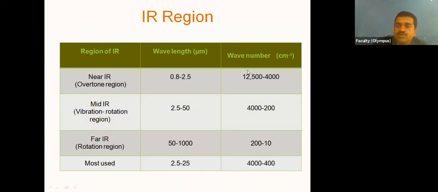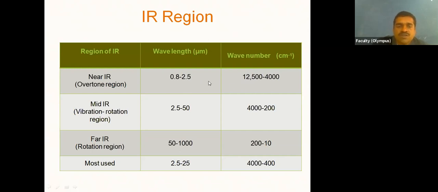In infrared spectroscopy, we use per centimeter wave number to describe the absorption of the radiations. So the near infrared radiation has 12,500 to 4,000 per centimeter wave numbers.